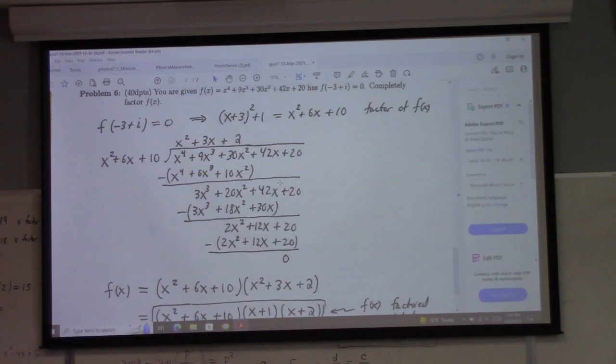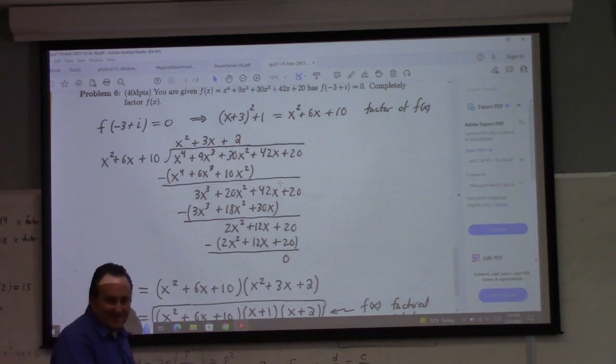Would you get credit if you treated the original equation that you were dividing by as 0 and then did the whole question with x squared plus 6x plus 9, even if you got to the wrong answer? Well, there'd be partial credit for that, but I hope you didn't get 0.